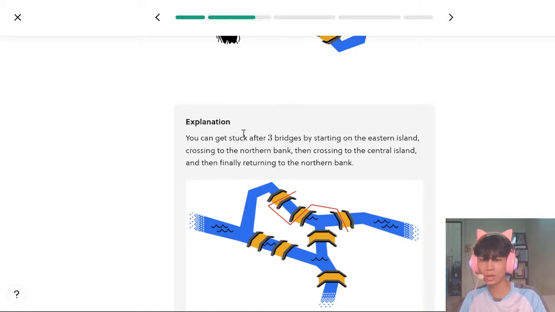You can get stuck after 3 bridges by starting on the East Island, crossing to the north bank, then crossing to the Central Island, and then finally returning to the north bank.